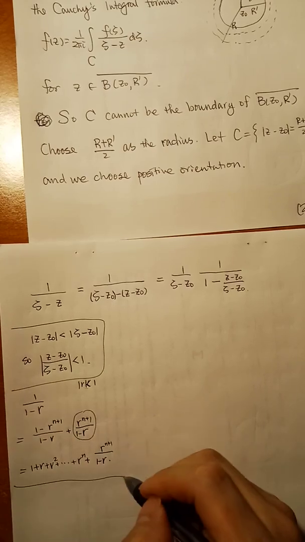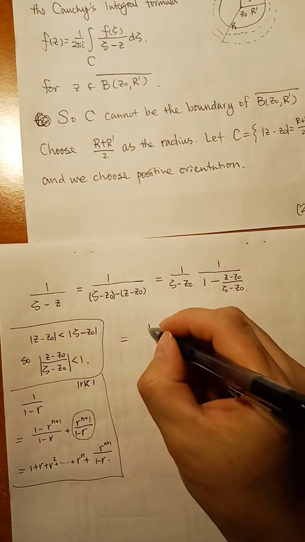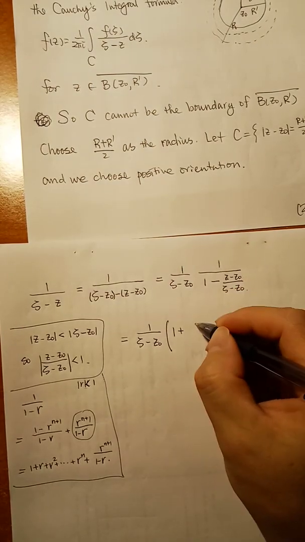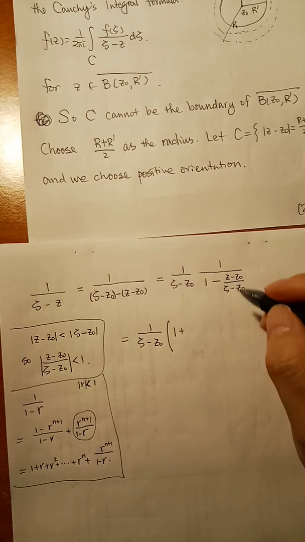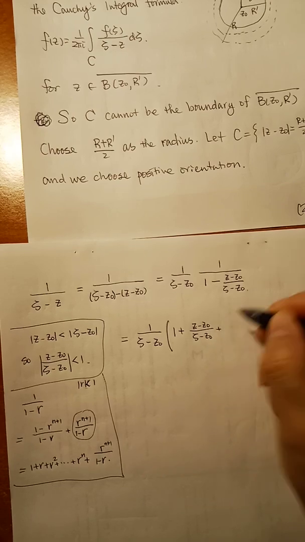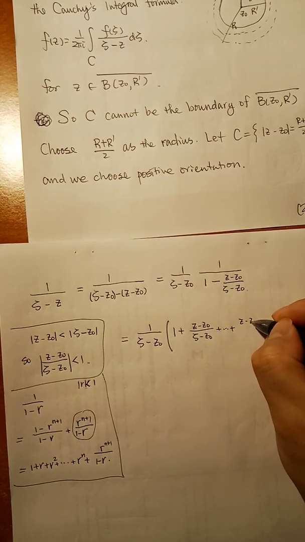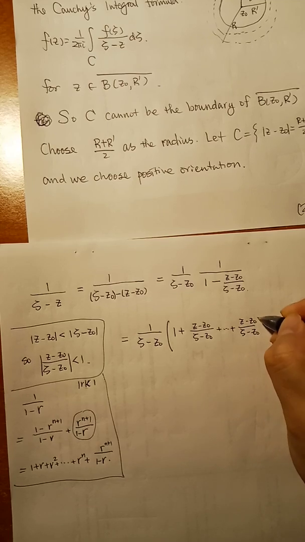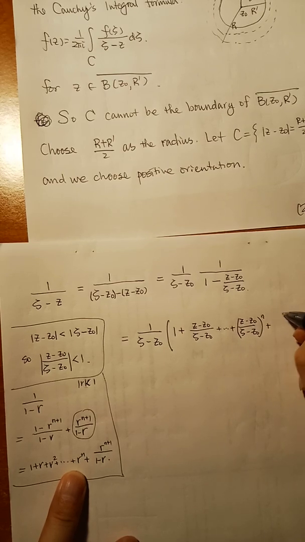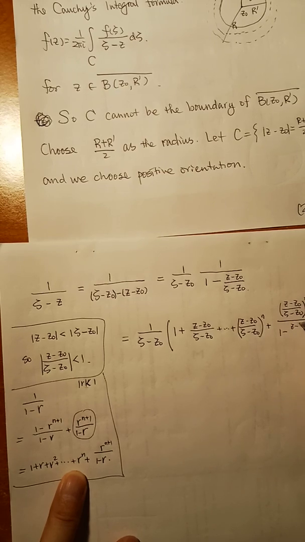Okay, so we apply this to our computation. We get 1 over theta minus z0, and then we have 1 plus this term. So you get z minus z0 over theta minus z0, up to z minus z0 over theta minus z0 to the nth power, and plus the numerator, z minus z0 over theta minus z0 to the power n plus 1, over 1 minus this complex number.